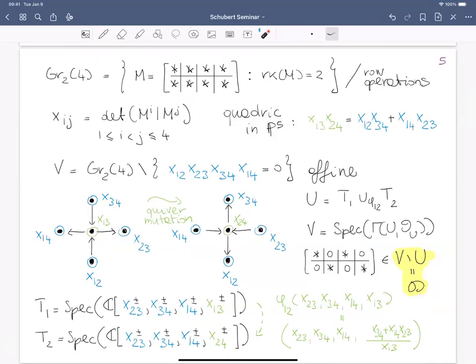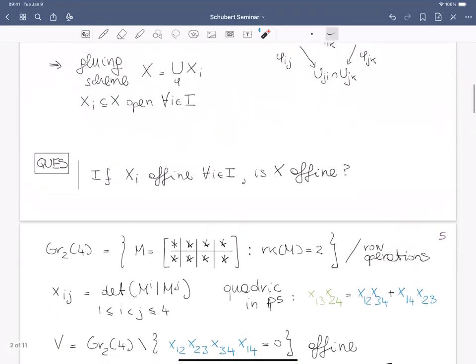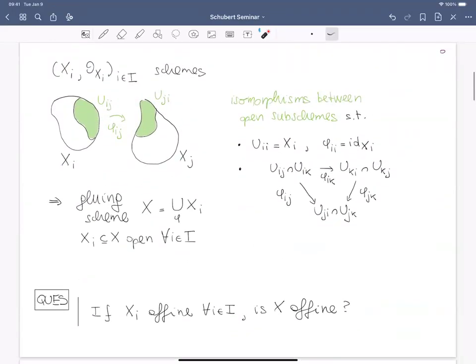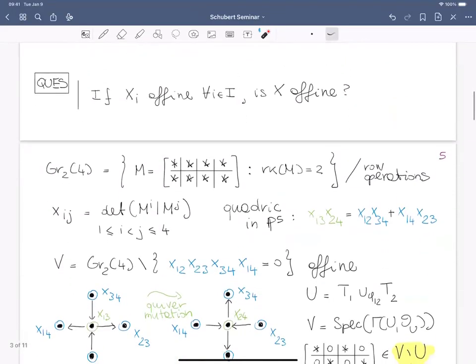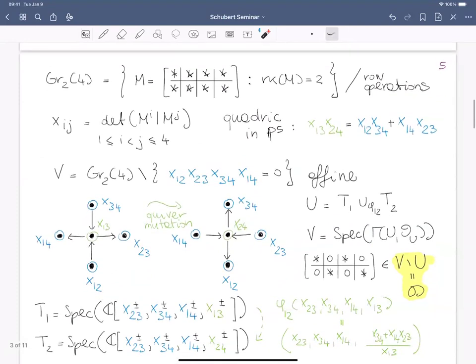Now the scheme that will be an example of gluing in the sense above will be the complement of a hypersurface inside my quadric. And the hypersurface that I choose is the locus cut out by this equation: x12 x23 x34 x14 = 0. These are those Plücker coordinates that are indexed by consecutive indices.